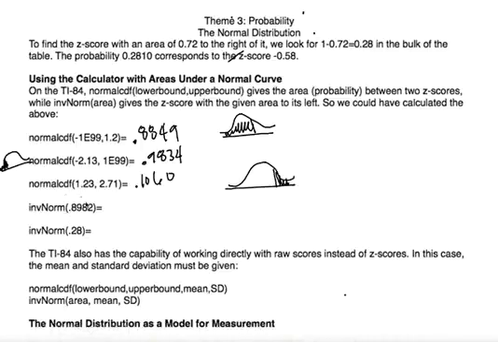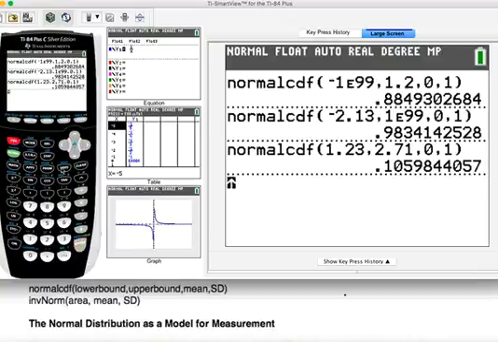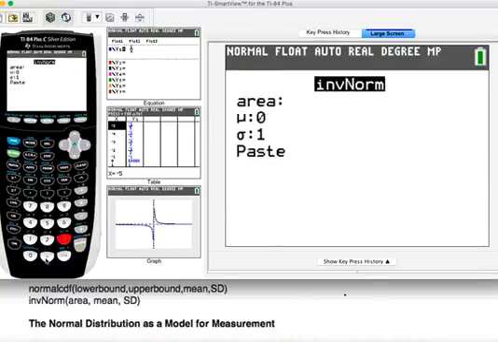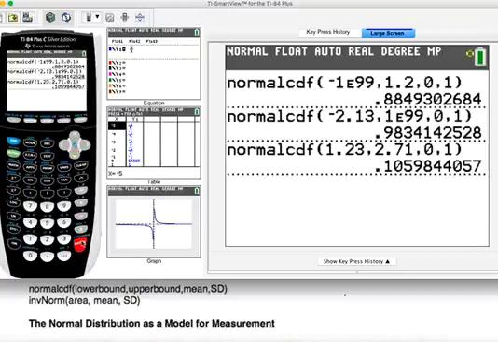Inverse normal of 0.8982 just means that you have an area of 0.8982. So second vars, you're going to do inverse normal, which is option 3. The area is 0.8982. It's normal, so mean is 0, standard deviation is 1.